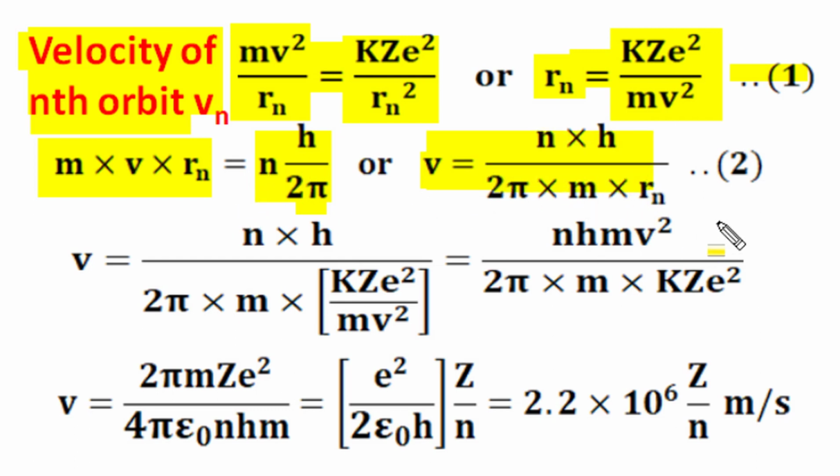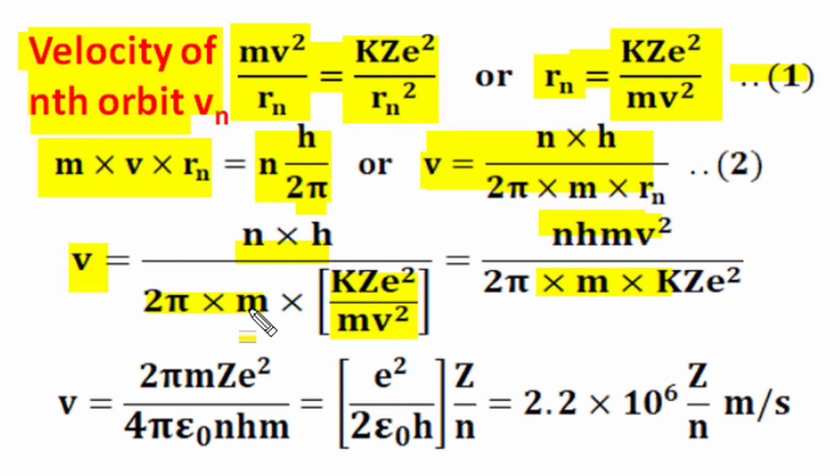In this expression, if we replace the radius in terms of velocity from the first equation, we find that velocity is nh upon 2 pi m, and in place of the radius of the nth orbit we write kZe square over mv square. Now this denominator comes to the numerator, so it is nhmv square, and the denominator is 2 pi m kZe square.